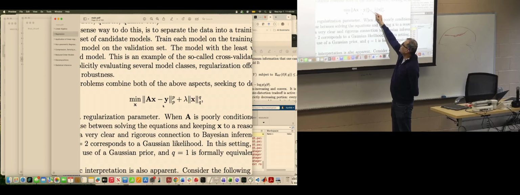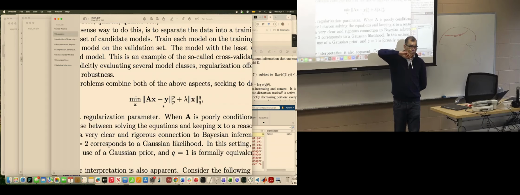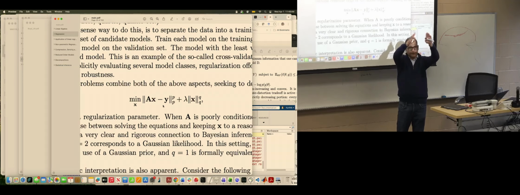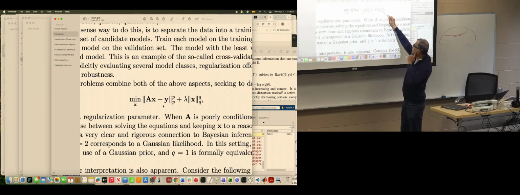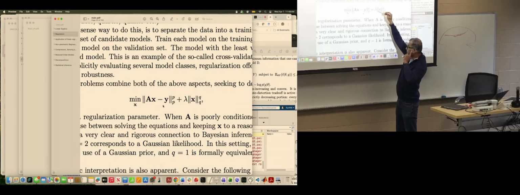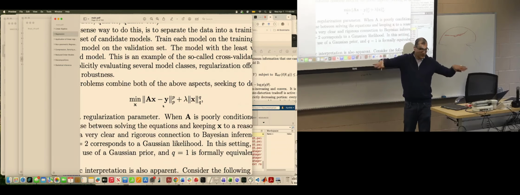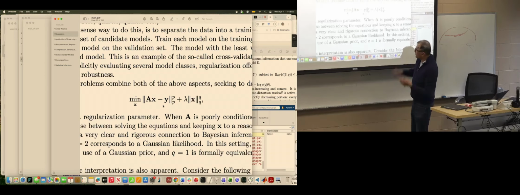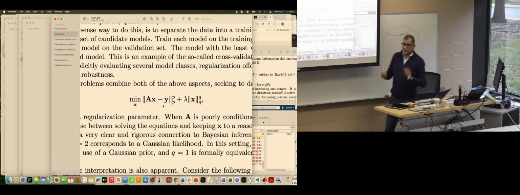In fact, if p equals 2 and q equals 1, that corresponds to something called a Laplace prior. It's not like a Gaussian, it's more peaked like this. You can show that when p equals 2 and q equals 1, this is precisely Bayesian inference with a Gaussian likelihood and a Laplace prior around x equal to 0. Anyway, there are these equivalences.